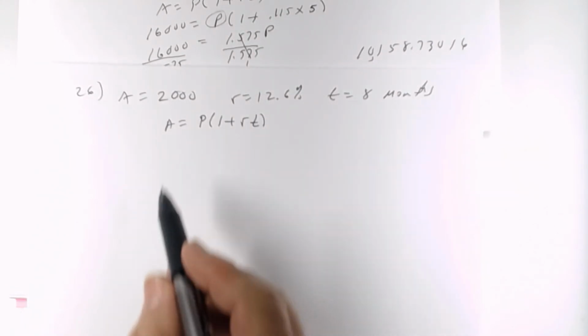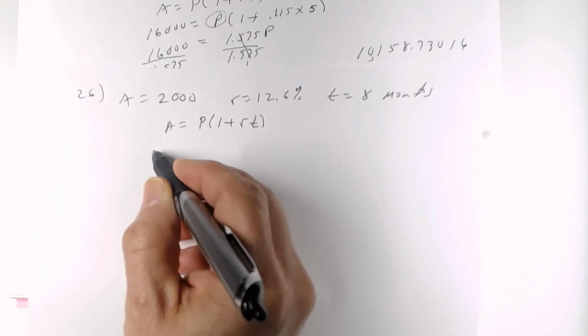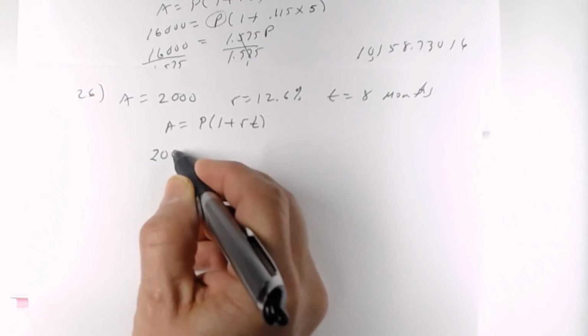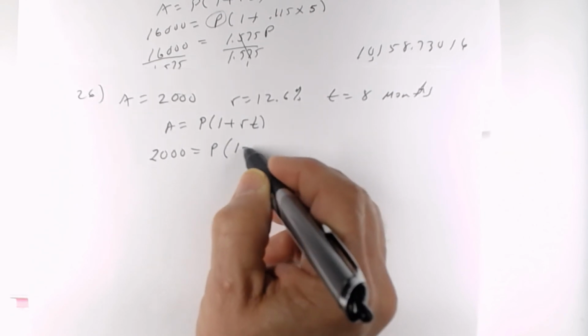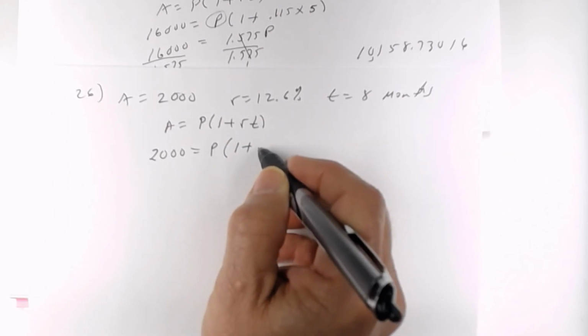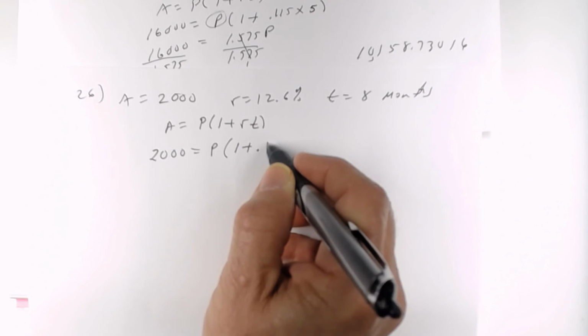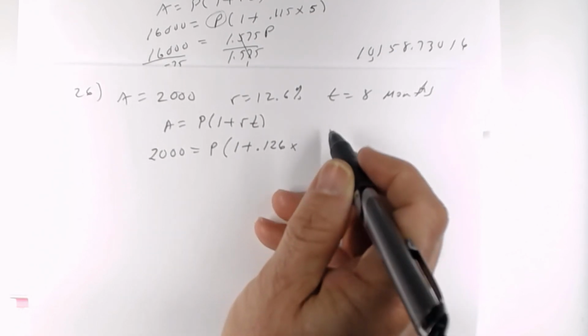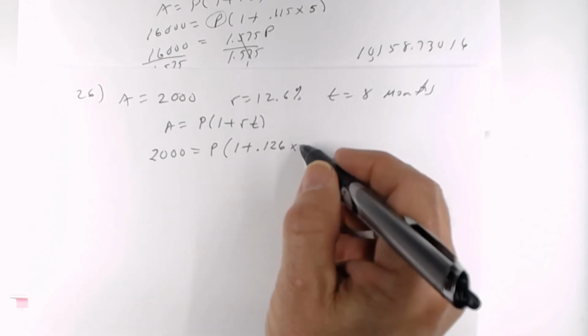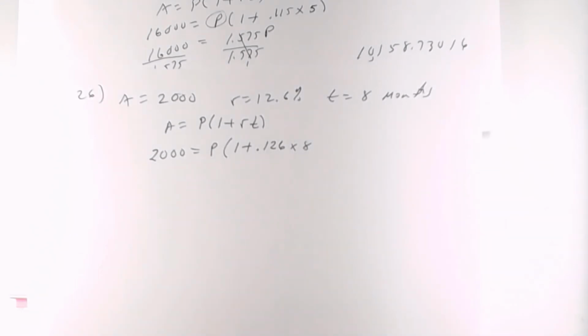So now you're going to substitute. What's A in this case? 2,000 equals P, which is what I'm trying to find, times 1 plus R. What's R as a decimal? 0.126 times the time, which is 8 months. So is this correct how I have it written? No, because if you leave it like that, that means 8 years.